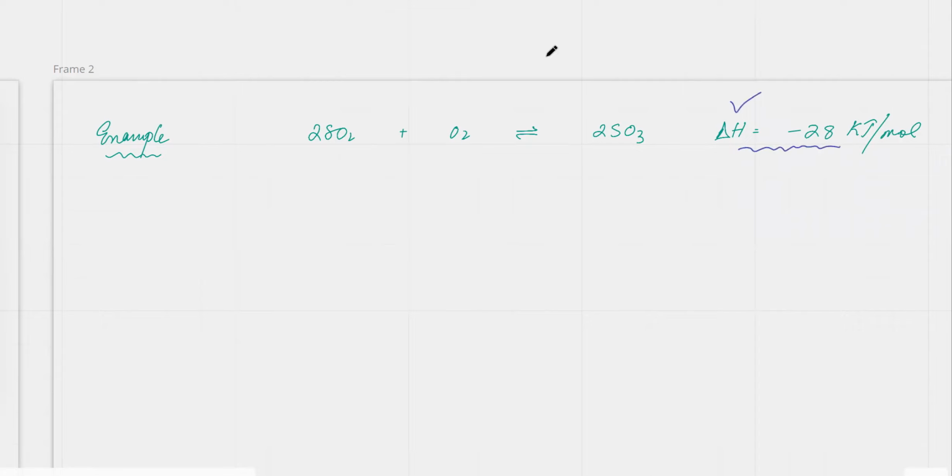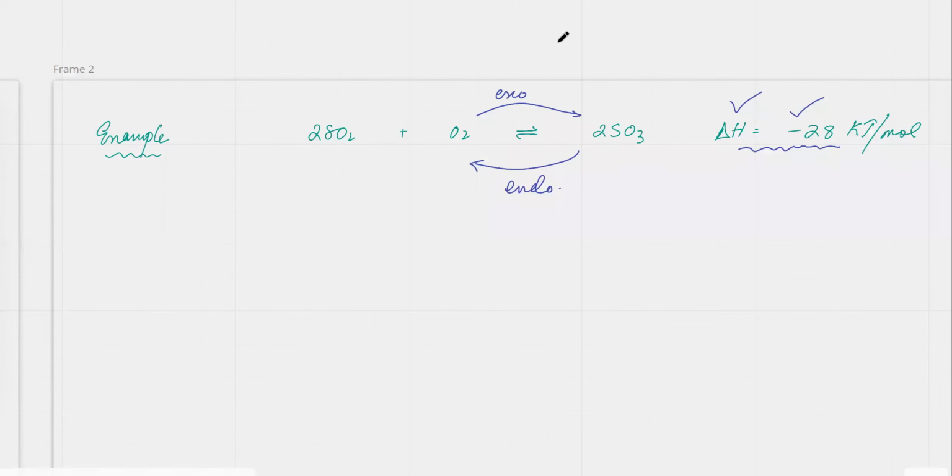Remember, enthalpy change is for forward. Sign क्या आ रहा है इसका? Negative. तो इसका मतलब, ठीक है, तो इसका मतलब है the forward one is the exothermic reaction and the backward one is the opposite, which is going to be the endothermic.